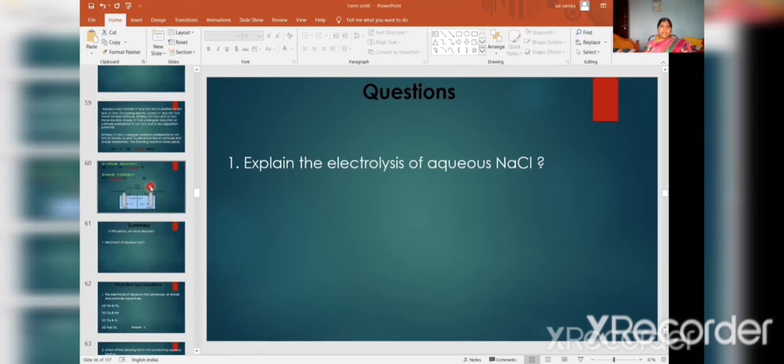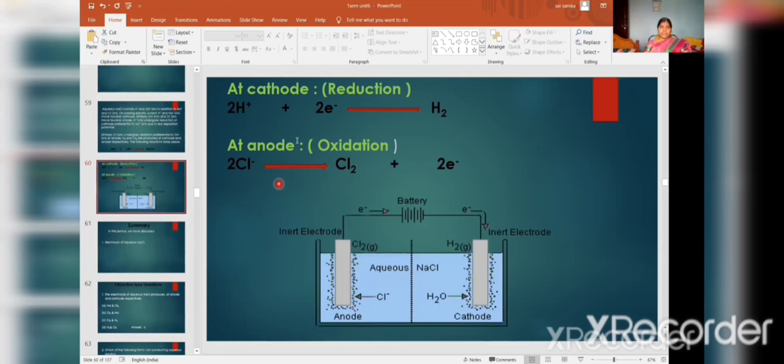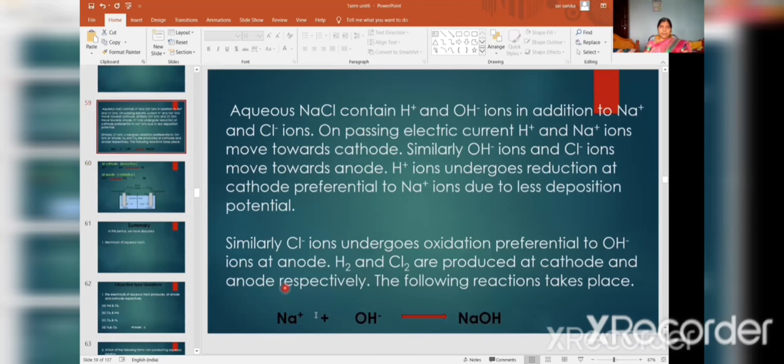And you have to write these equations, very important. At the cathode, reduction: H+ takes electrons and forms hydrogen gas. At the anode, oxidation: 2Cl- releases 2 electrons and chlorine gas is formed. And at last you have to write this byproduct.